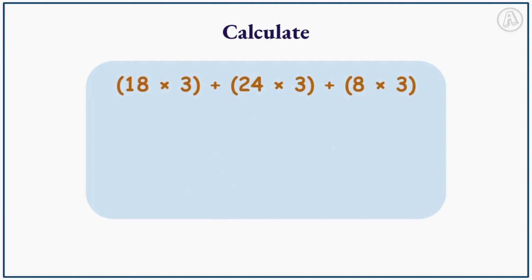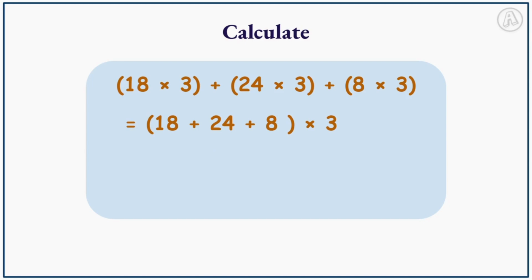Now let's use our knowledge of the distributive property to make this calculation easier. We can see that 3 has been distributed into all the brackets. So this means we can rewrite the question in this form. Include 18 plus 24 plus 8 inside the brackets and times everything in the brackets by 3.